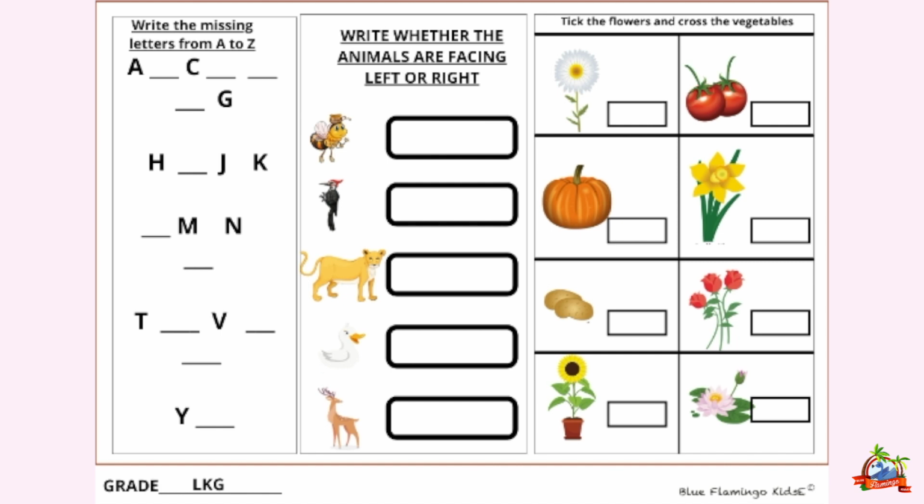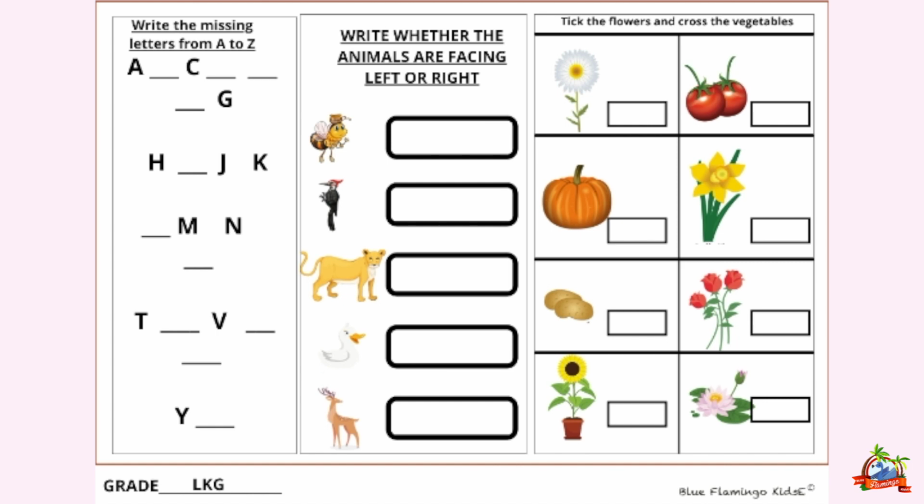O for owl. P for parrot. Q for queen. R for rabbit. S for sun. T for tiger.